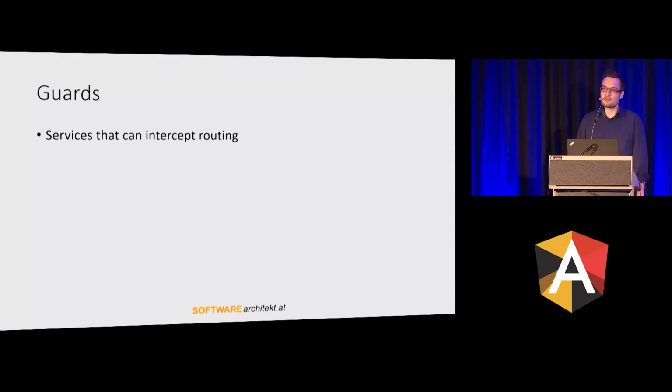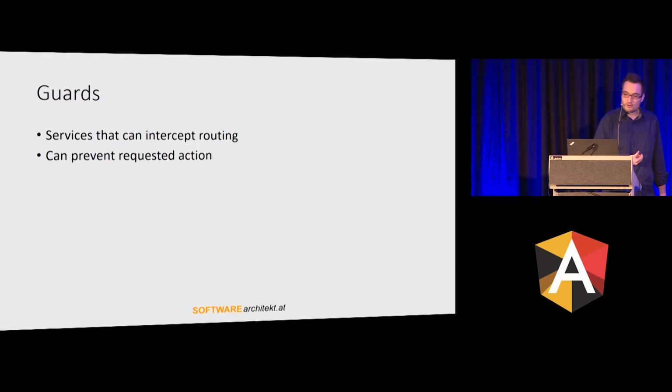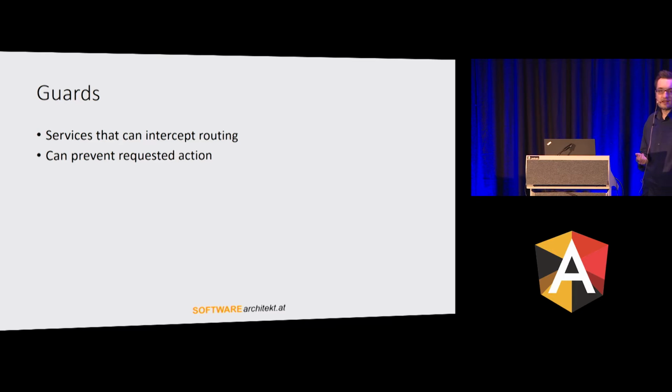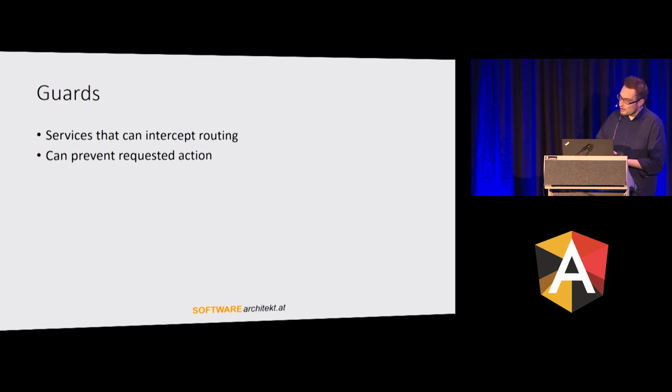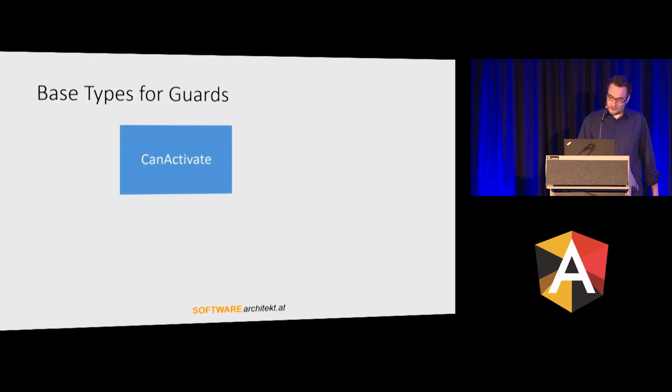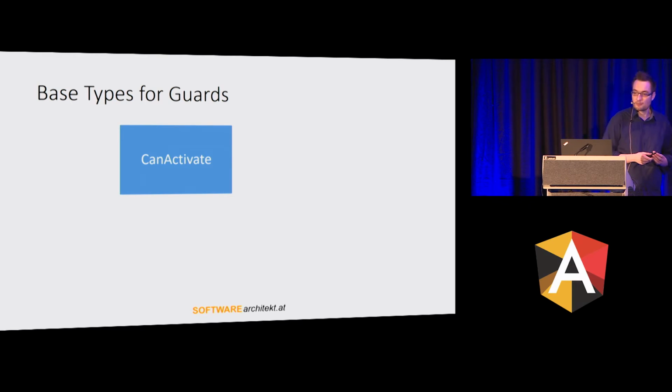Guards are ordinary services that can intercept the routing. They can also prevent a requested action. For instance, they can prevent loading a module, and they can prevent activating or deactivating a component.